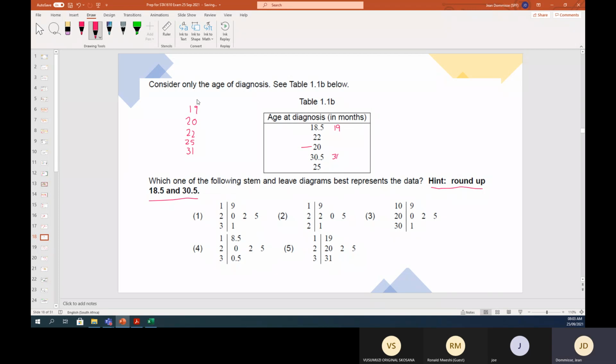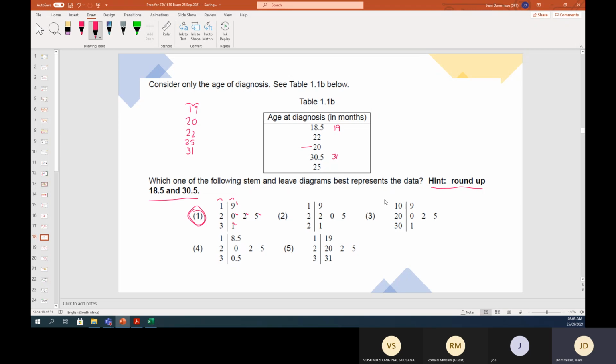Okay, so the smallest is 19, so that is your stem, that is your leaf. So it is 19 first, 20, 22, 25, 31. Okay, so option 1 is actually the correct one.